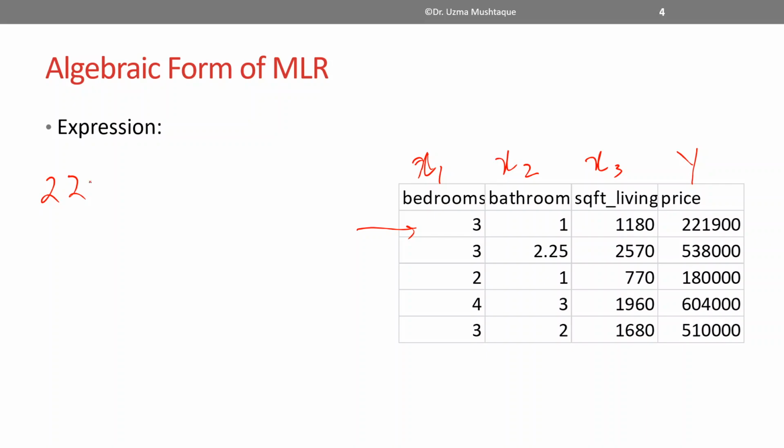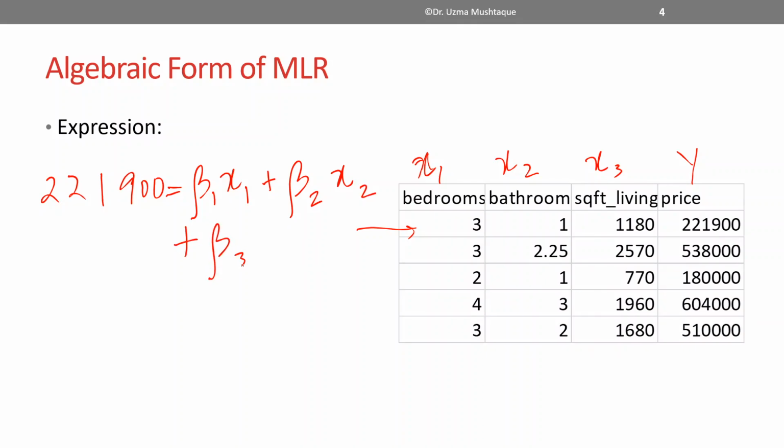221,900 is some coefficient times my x1 plus some coefficient times my x2 plus some coefficient times my x3 plus a constant, because we saw in the linear regression part that this was the intercept, right? So some value for y when all the x's are zero, and then obviously an error term.